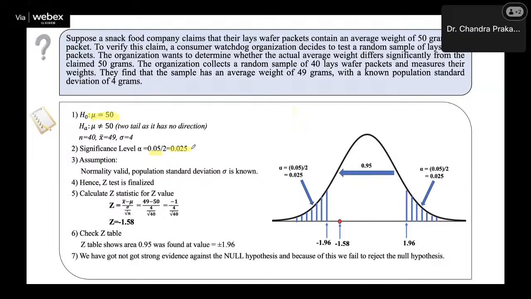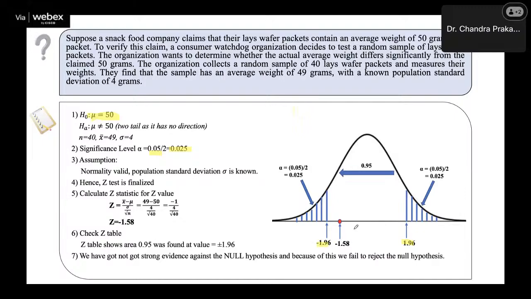Again, I am considering the same assumption of normality and the population standard deviation, so we apply the Z test. The Z value came out to be minus 1.58. And when we look at the Z table, the area of 0.95 was around 1.96 over here. And 1.96 is for the positive side and minus 1.96 for the negative, while I come up with minus 1.58.